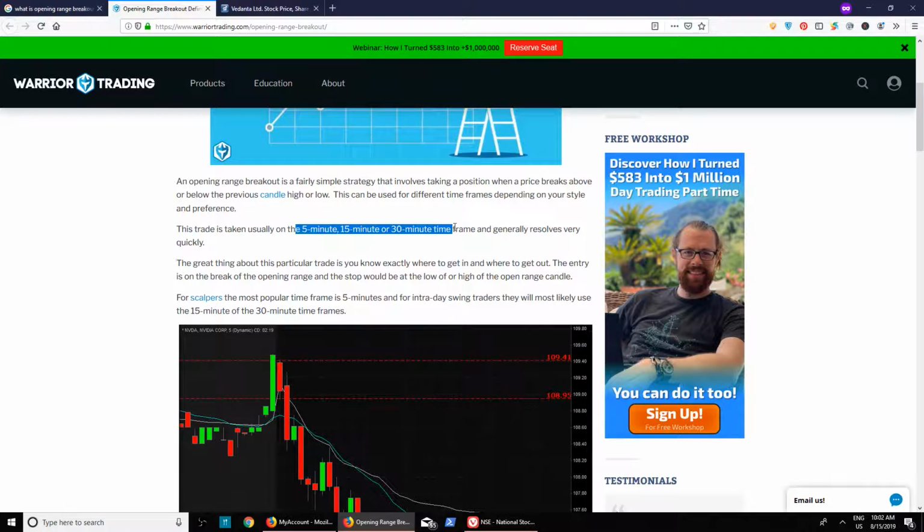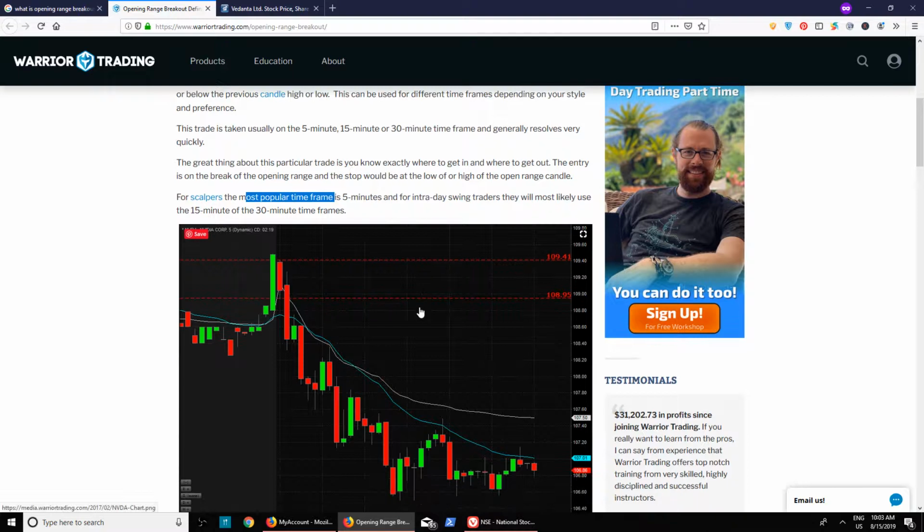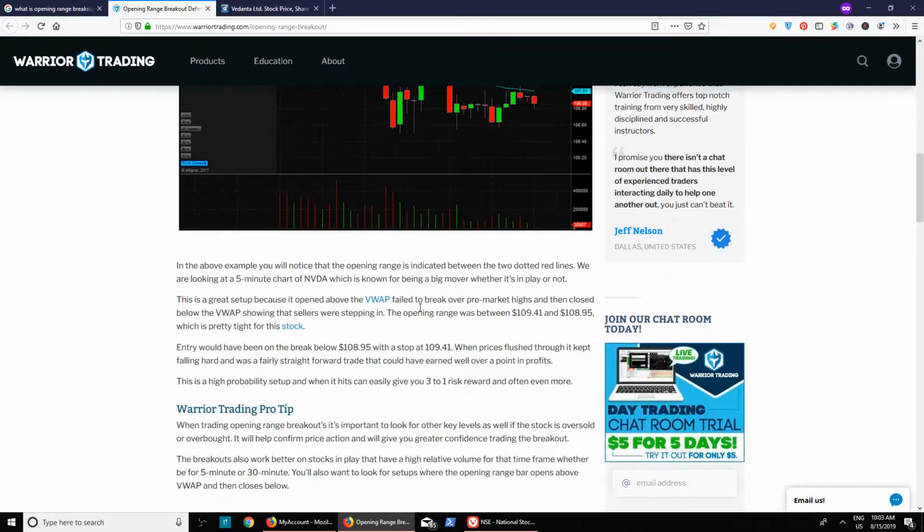There are different ways of using it for intraday scalping. Traders who do scalping, which is buying and selling very fast, popularly use the 5 minute time frame, and you can also use extra indicators like VWAP to increase your accuracy on opening range breakout.